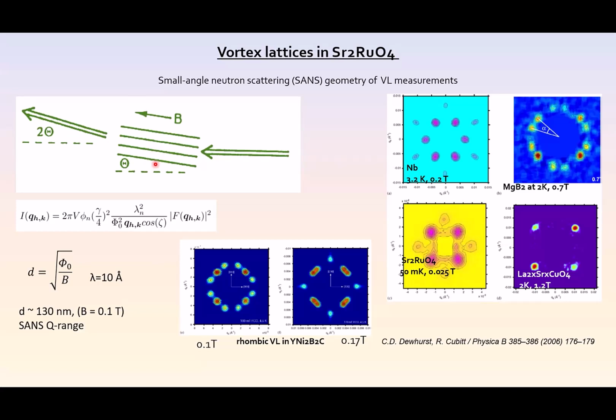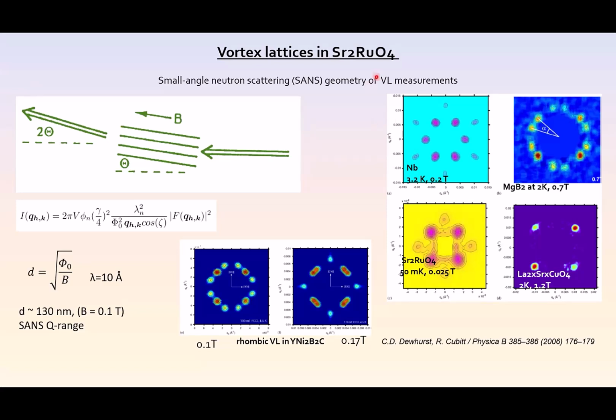You rotate the magnet a little bit and detect here on 2 theta the corresponding spots, and then you can map the structure by scattering from this distribution of magnetic field inside the superconductor.